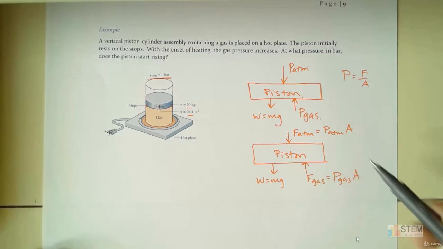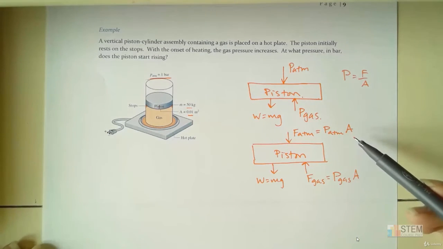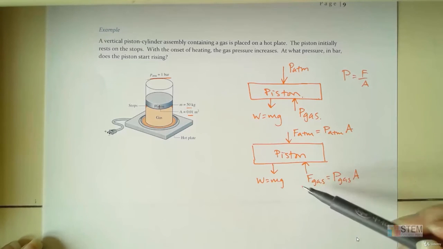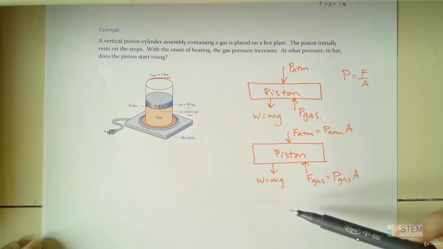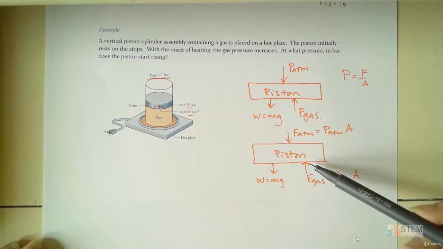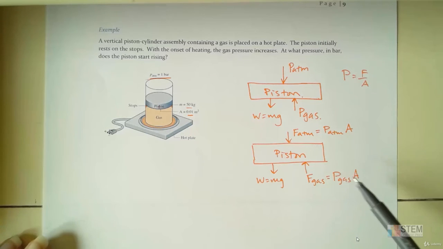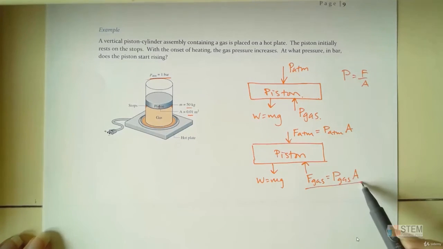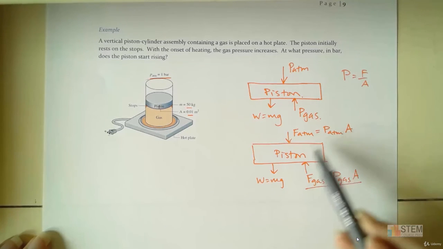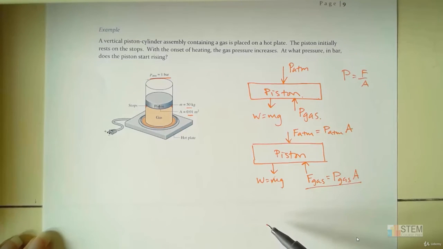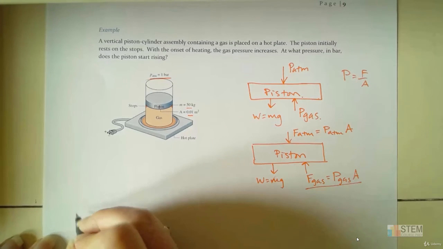Now think about what needs to happen in order for this piston to rise. If you look at this diagram, we've got two forces pushing down, and only one pushing up. So in order for the piston to move up, this force has to be bigger than the sum of these two forces. Let's write that down.